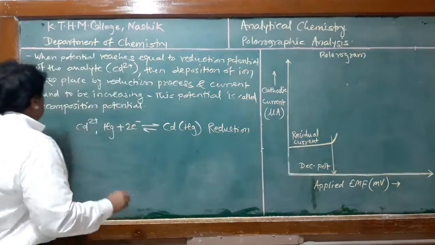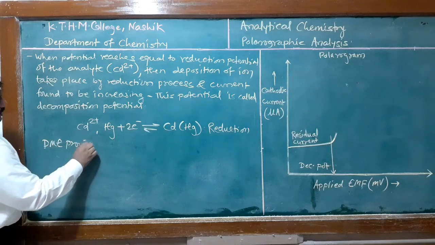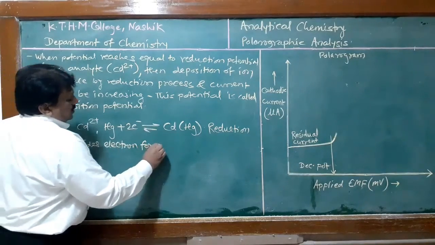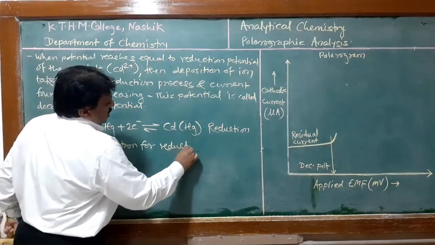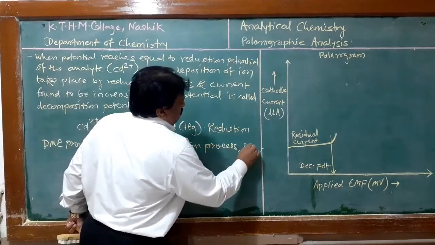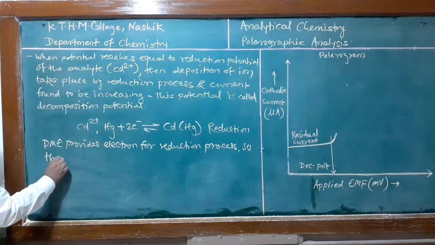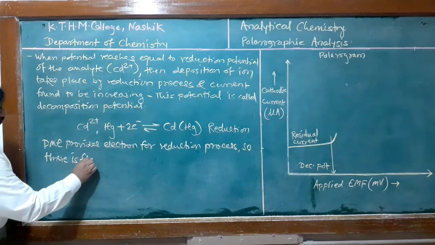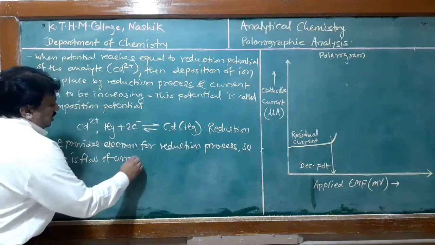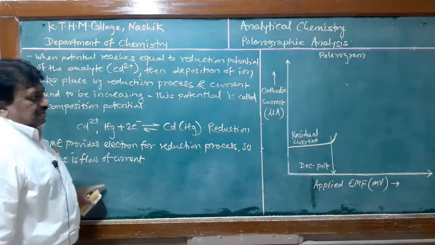Therefore, the DME provides electrons for the reduction process, and so there is flow of current because of the flow of electrons.